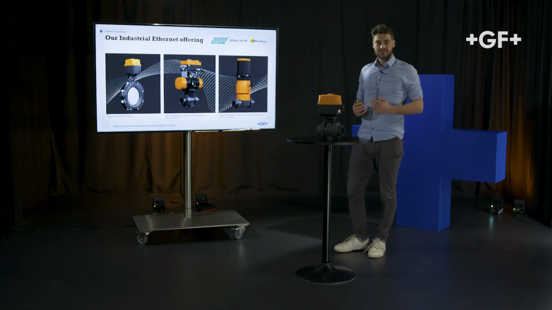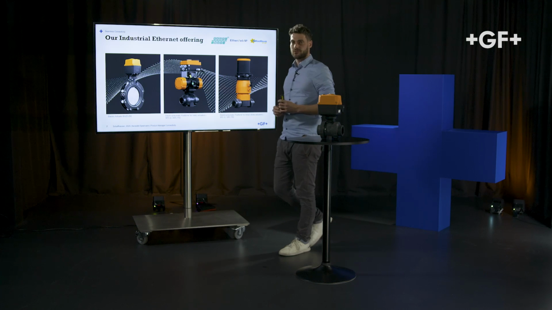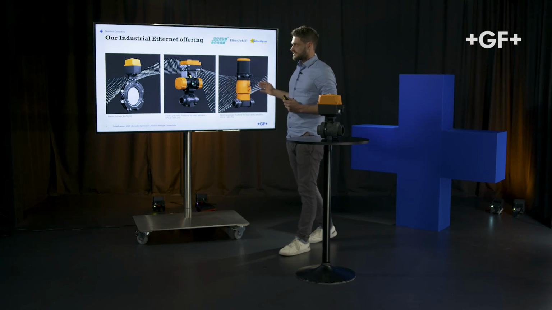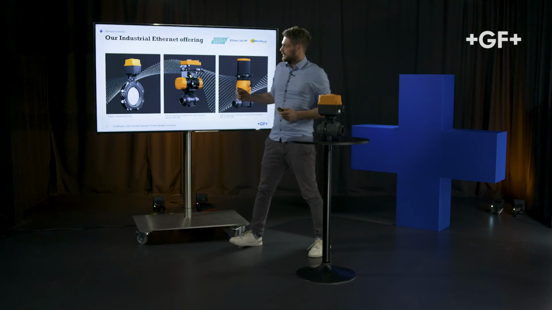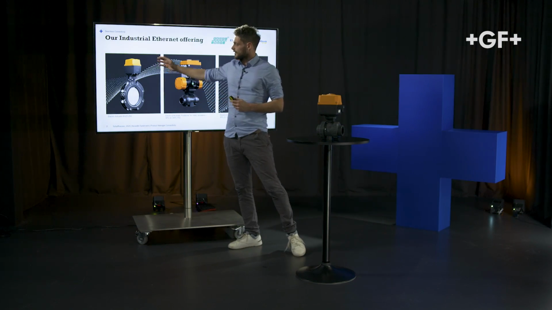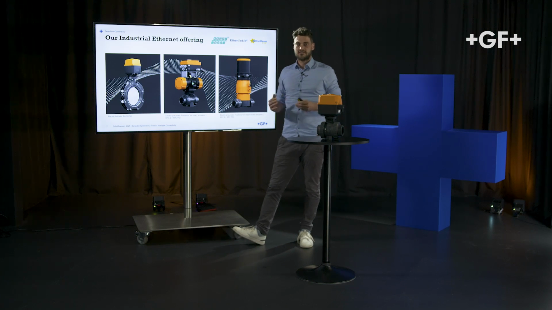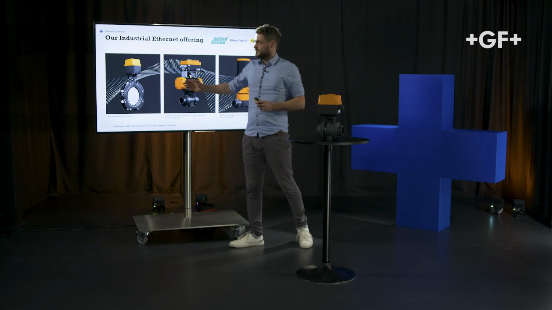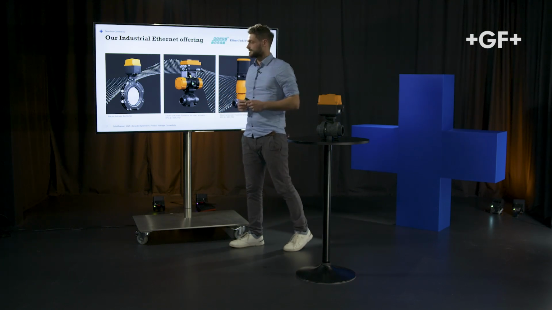We, as GF Piping Systems, have started this journey to equip our field devices with those technologies. Here you can see our portfolio, here also live. So on the actuation side of our portfolio, you can already order electric actuators with Profinet, Ethernet IP or Modbus TCP. You can mount those electric actuators on any kind of valves, butterfly valves, ball valves and so on.